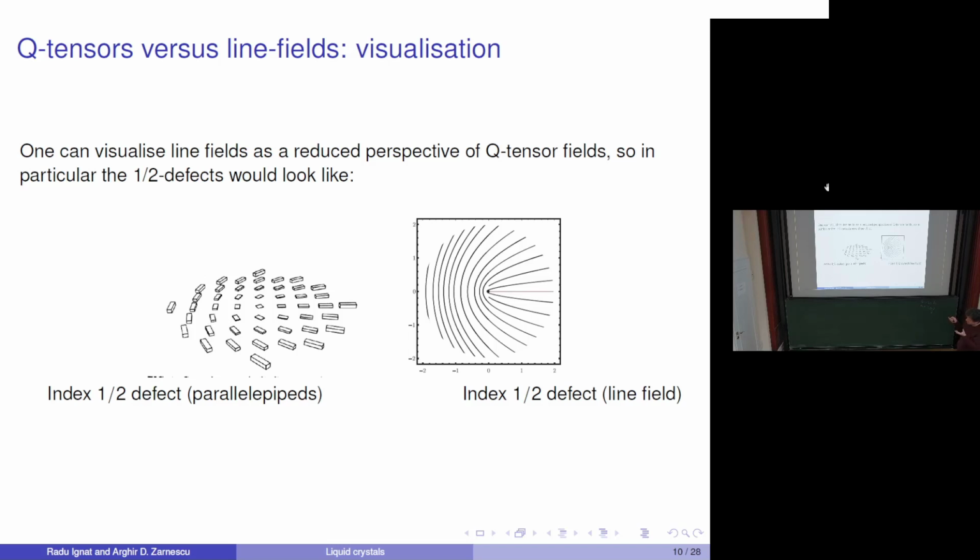You have a more crude description, if you want, and the way of transitioning from this perspective to this perspective is, for all practical purposes, to flatten a parallelepiped like this to just its longest axis. So if you have such a flattening, you get this kind of description here.